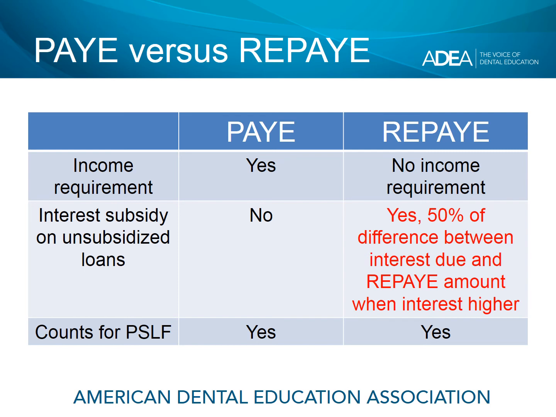Anytime interest due is higher than a payment amount, that's called negative amortization, and that causes your balance to grow. The government is simply saying with REPAYE, if the interest that's due is higher than the REPAYE calculated monthly payment amount, the government will slow down the growth of your balance by 50%. It's a 50% interest subsidy on unsubsidized loans, and there's no limit to how long that will happen.